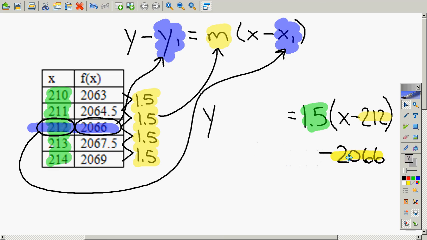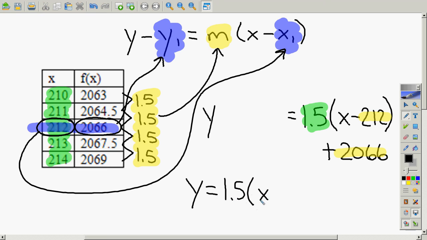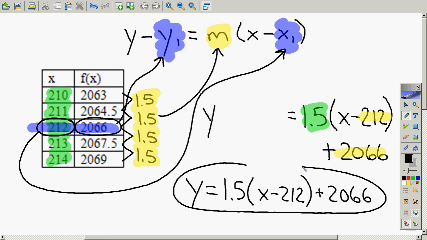So my function is y equals 1.5 times x minus 212, plus 2066. And that would be my first one there, written in point-slope form.